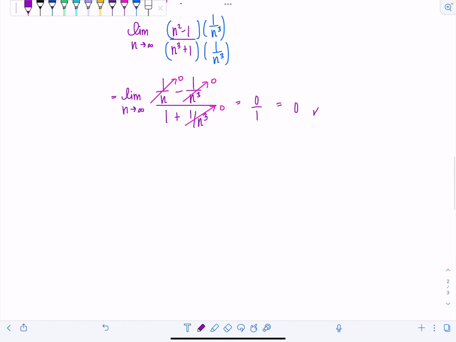Okay, so then you can say that means the sum, n equals 1 to infinity, of negative 1 to the n times n squared minus 1 over n cubed plus 1 converges by the alternating series test.